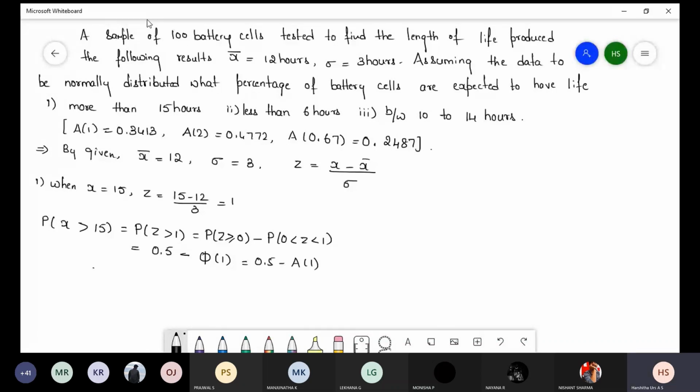A of 1 value is 0.3413, so we get 0.1587. Now they asked for a sample of 100 battery cells. Therefore, the percentage of battery cells is equal to 100 into 0.1587, which is 15.87.